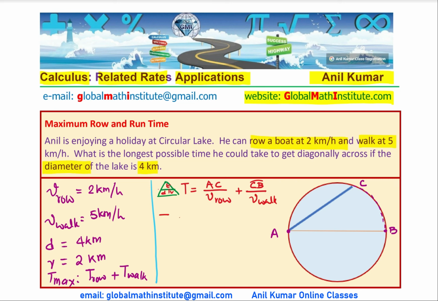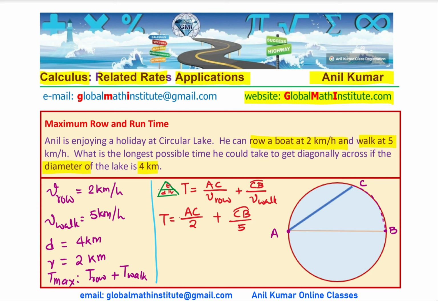So we can write time as AC over the rowing speed, which is 2, plus the arc CB over the walking speed, which is 5. Now the question is, how do we find AC and the arc CB?